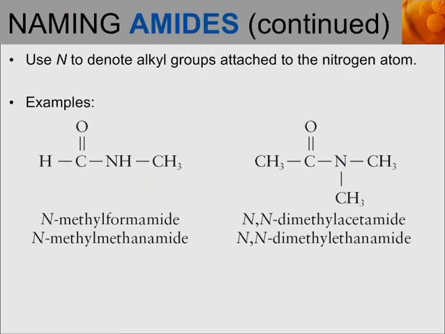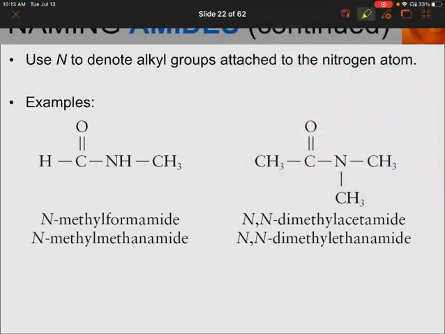Now, let's say your amide has other groups attached to the nitrogen. Well, we're just going to use that same method that we were using before. We're going to put an italic N in front of the group name. So, for example, down below we have our 1 carbon.